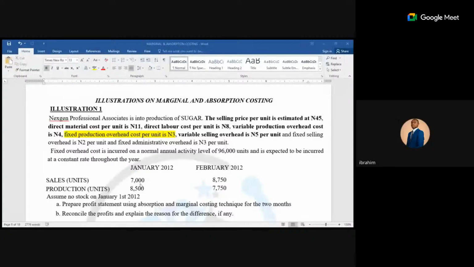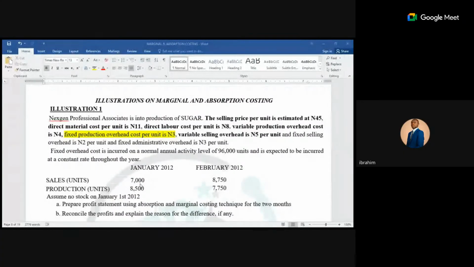Fixed overhead cost is incurred on a normal annual activity level of 96,000 units. That is units. I'm talking about the actual fixed overhead costs, like they give you actual fixed overhead costs in the question. What we're given is just that the fixed overhead cost will be incurred on the annual level of activity.